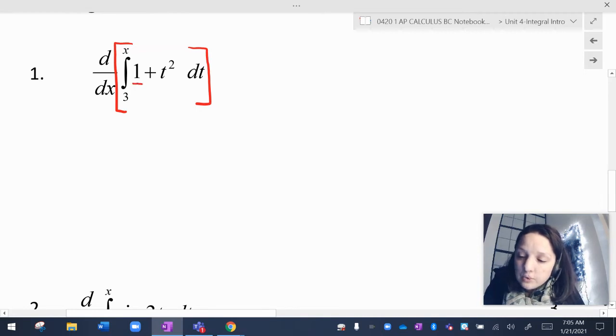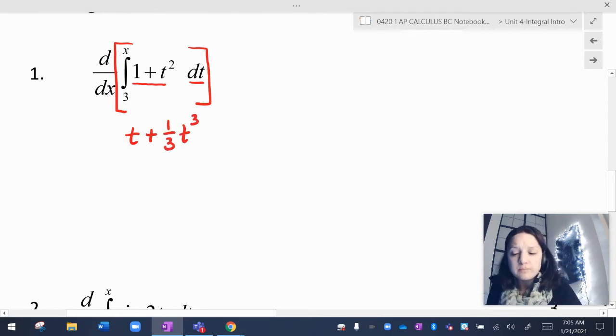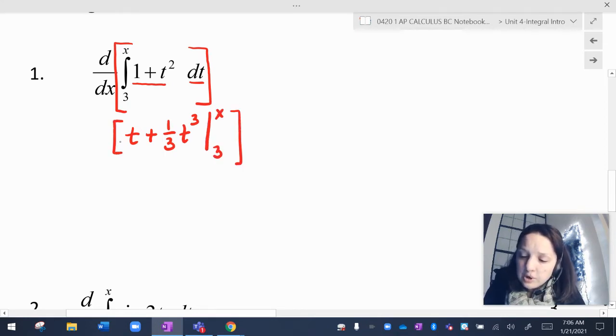So I want to take the antiderivative of 1 plus t squared with respect to t. The antiderivative of 1 with respect to t would be t, and the antiderivative of t squared would be 1/3 t cubed, just doing the backwards power rule there. Then I'm supposed to evaluate that from 3 to x, and when I'm done doing that, I'm going to take the derivative with respect to x.